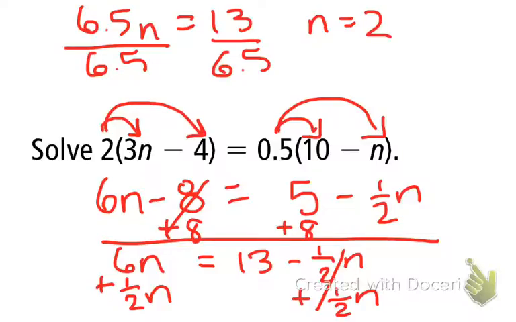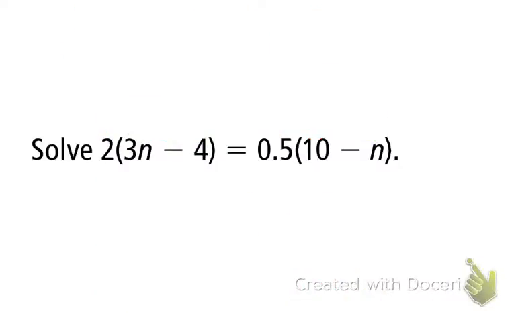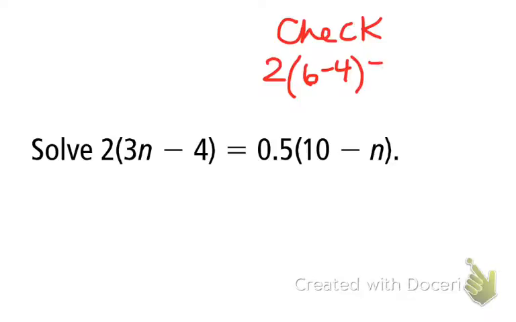To check my work, I'll go ahead and do some multiplication. Remember, I'm substituting this 2 in for each value of n. So I would have, for the check, 2 times 3 times 2 is going to be 6 minus 4 is equal to 0.5, and 10 minus 2.